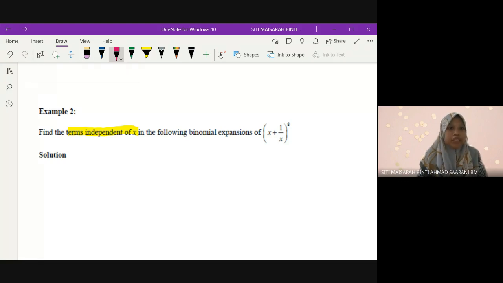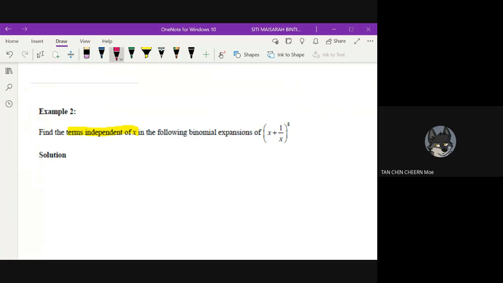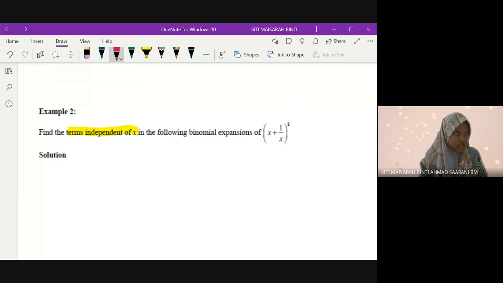Apa maksud term independent of x ni? No x or constant. Actually, term independent of x is actually relate to x power 0. So, jadi dia akan jadi constant.